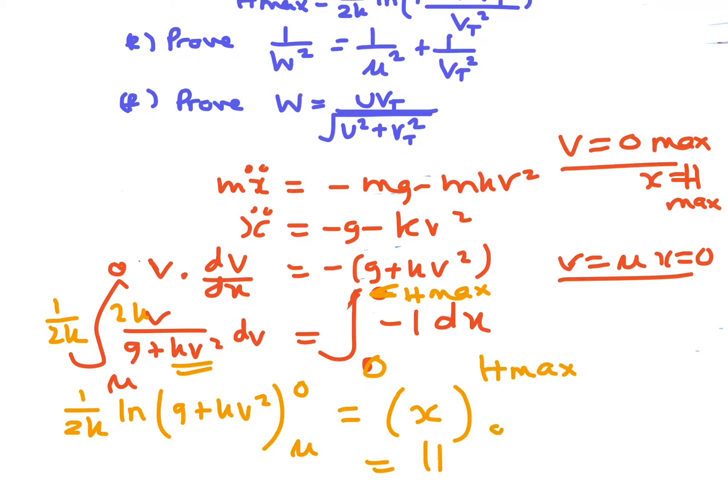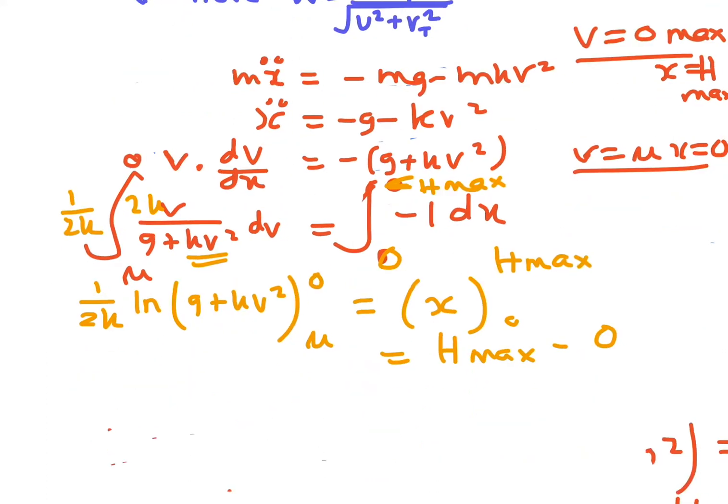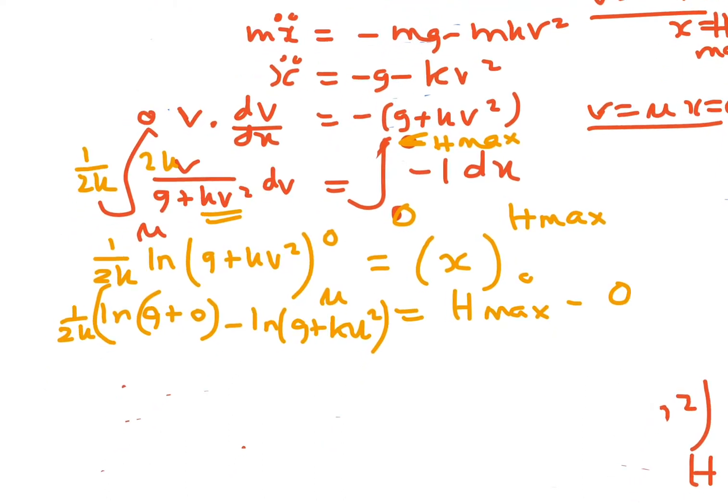So when you put that in, you just get h max because it's minus 0. And on this side, we get 1 on 2k times ln of g plus 0 minus ln of g plus ku squared. So it's 1 on 2k ln of g on g plus ku squared equals h.